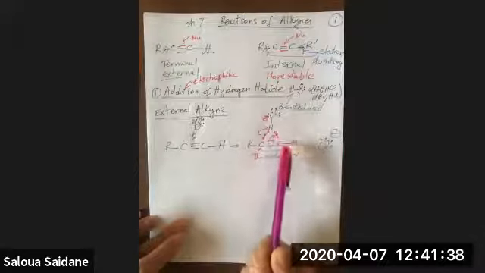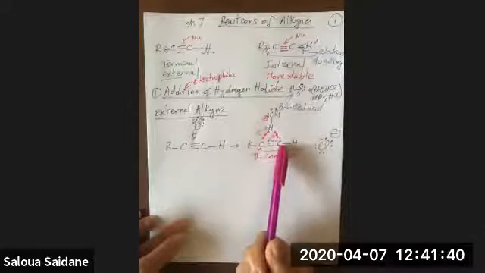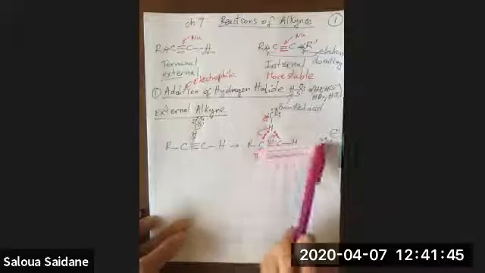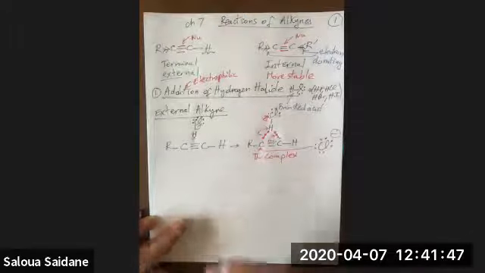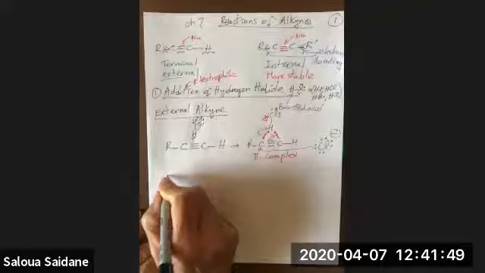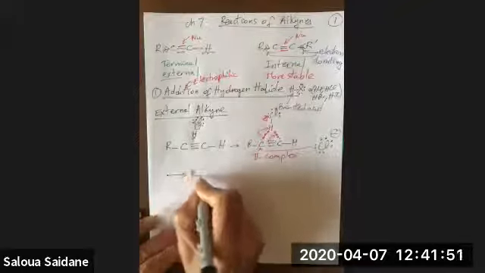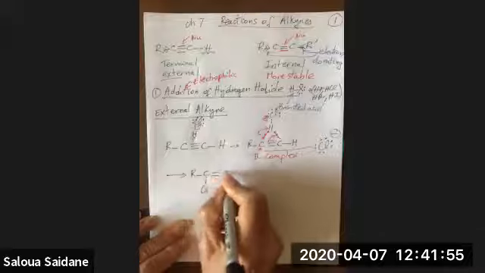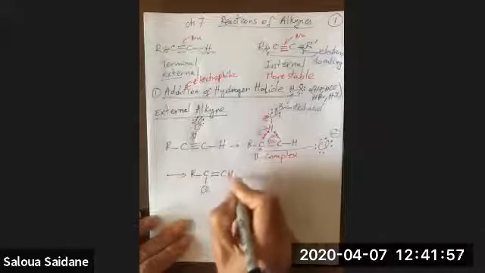So what it means is that now this carbon, the right one, will be bonded to the H, and this carbon will be bonded to the chlorine. So we end up with an R, C, Cl, double bond, C, H2.